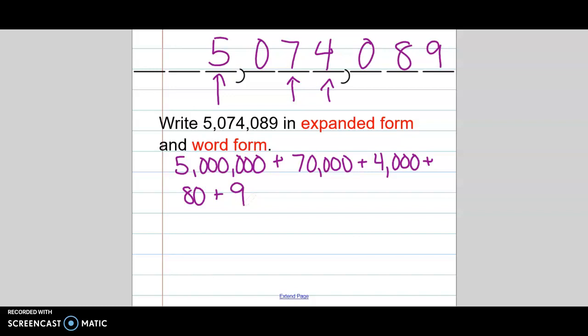And the last part they wanted was the word form. So how would you say that number at the very top as a word? I know I would write down 5 million. 74,000.